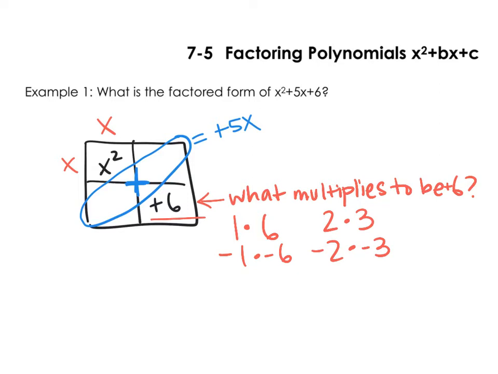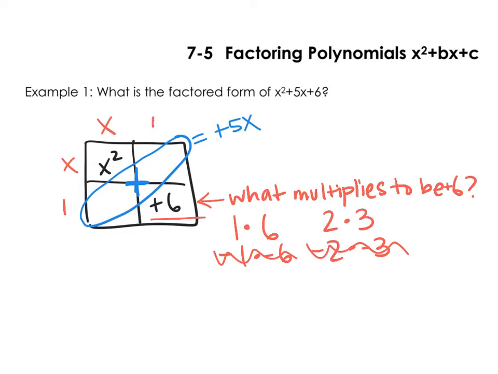Now, let's try out one of the options. I notice right off the bat that I'm not going to need any negatives. There were no negatives in my trinomial whatsoever, so I'm going to cross off those negative options. They're not going to work. So I'm going to try the 1 and the 6.